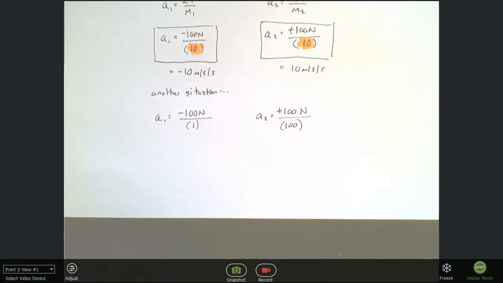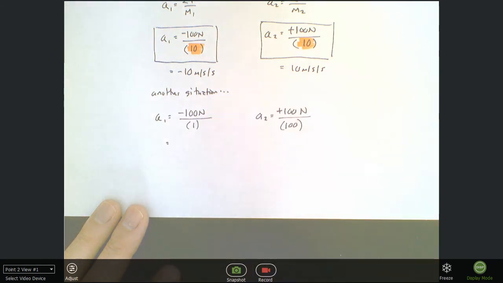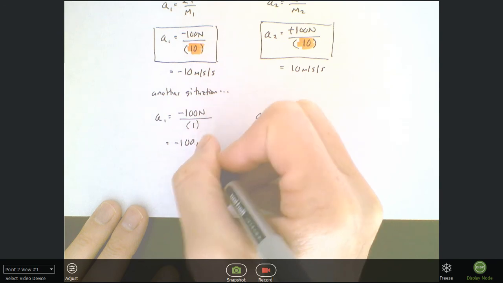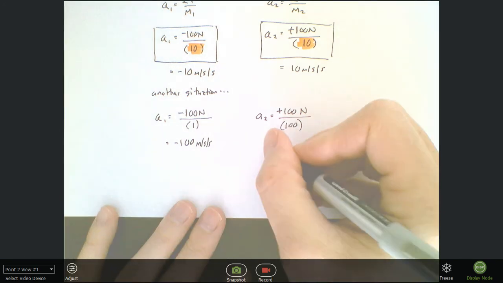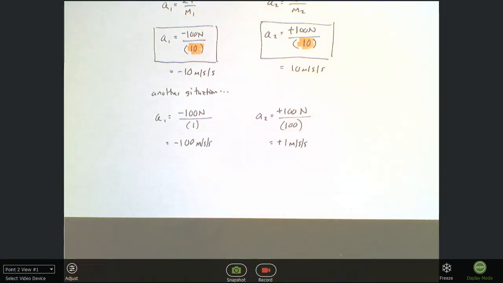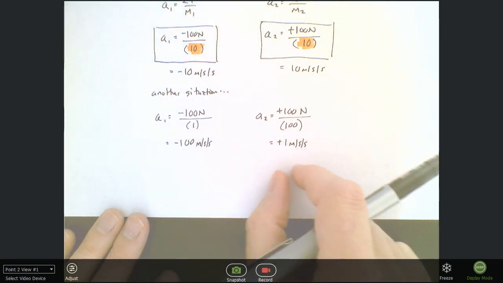When they push off, the really small one, since it has very little inertia, is going to accelerate backwards very quickly at 100 meters per second every second. That's incredibly fast, right? That's 10 times the acceleration of gravity backwards. Whereas the other one is going to feel this tiny little acceleration forward. So the one block is going to go shooting back really fast, and the other one's just going to accelerate a little bit in this direction.